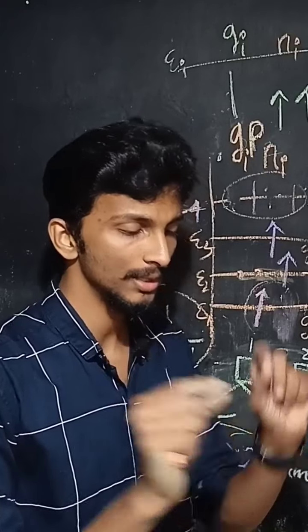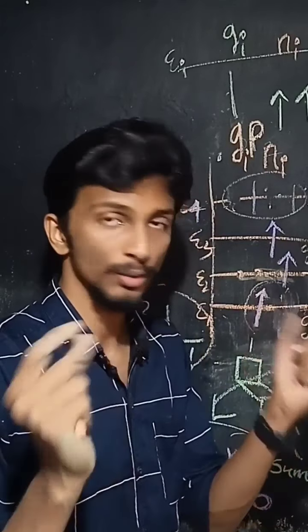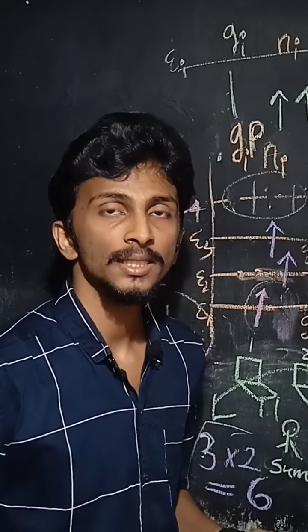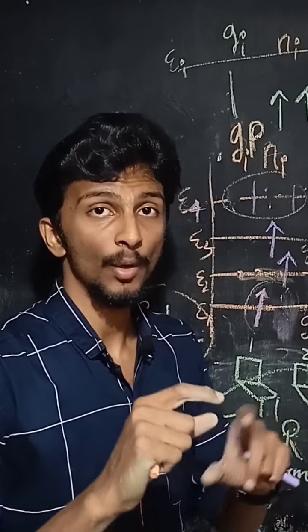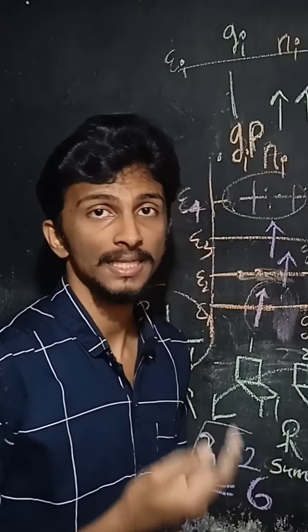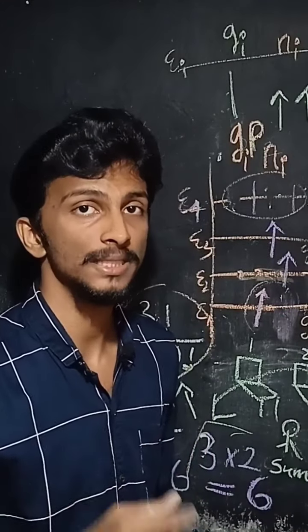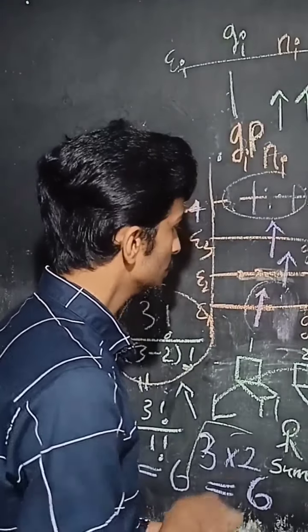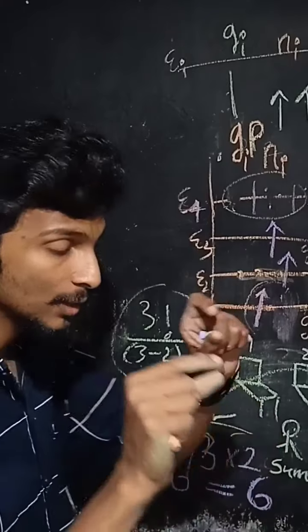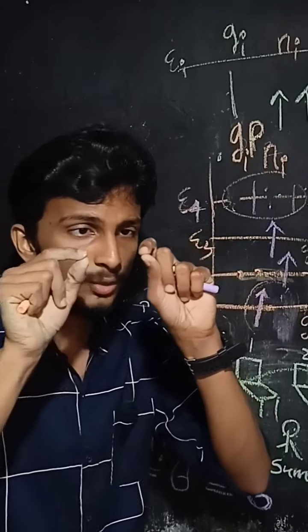We can't distinguish 2 fermions as named Sumesh and Ramesh. The basic reason is that their wave functions overlap, and you will study more about these identical particles in your PG, in your MSc syllabus. So our fermions are identical and their wave functions overlap.